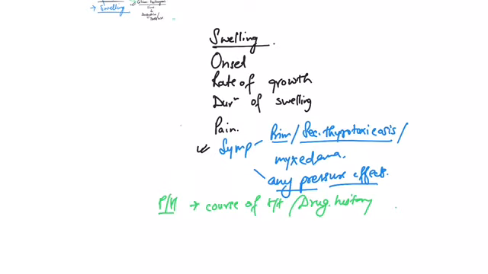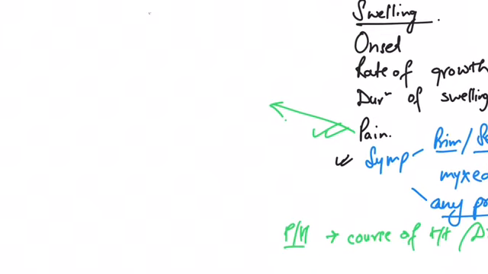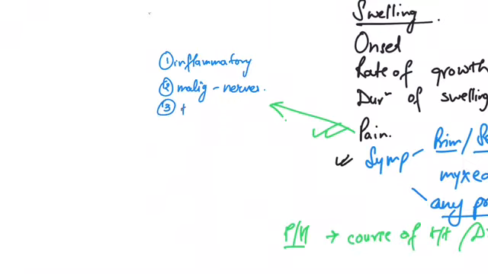Now again, when you ask about pain, and if the patient says that yes, he has a thyroid swelling which is also painful, what are the things that should come to your mind? First thing that should come to your mind is that it may be an inflammatory swelling of the thyroid, or a malignant swelling when it infiltrates the nerves can also produce pain, or sometimes a simple thyroid cyst.